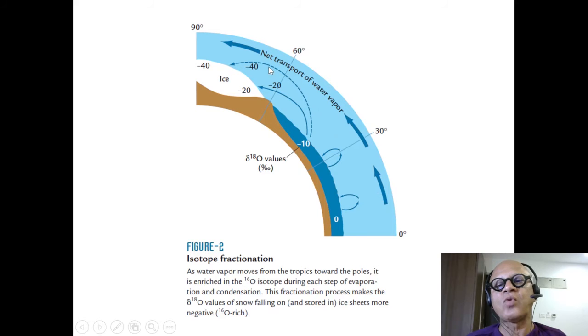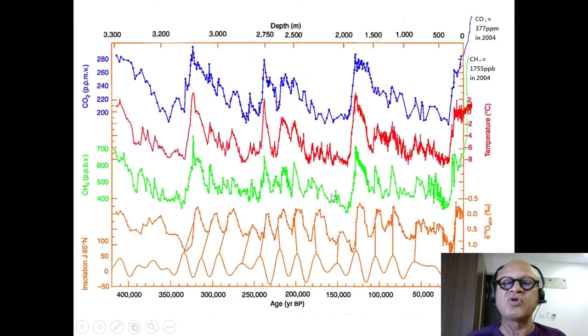The longer the water transport is, more O18 gets lost along the way with these processes. So ice sheets tend to be more negative in delta O18, so they are O16 rich, and the ocean will correspondingly get O18 rich in the source region because more of the O18 gets left behind. So considering ice ages take hundreds of thousands of years to build, over the long periods you can imagine that you end up creating lots of such signatures.